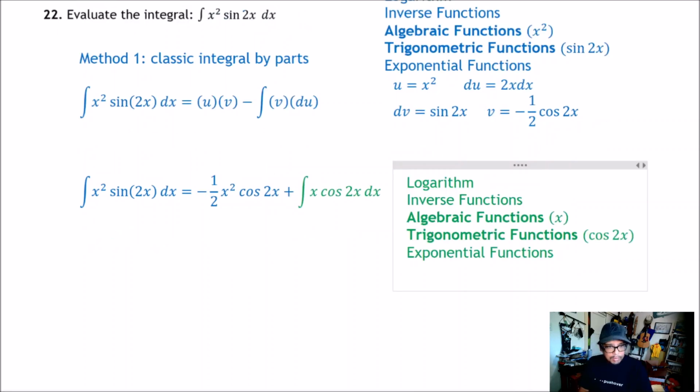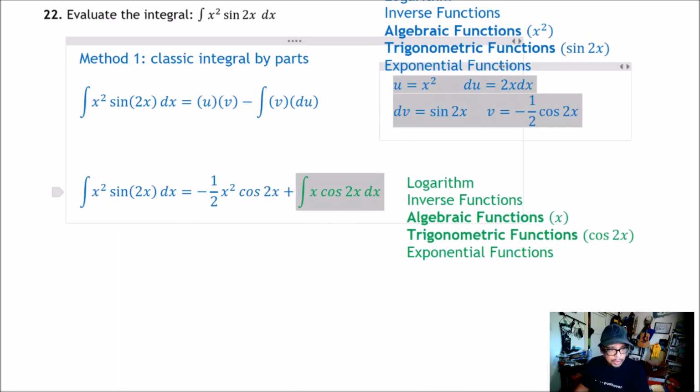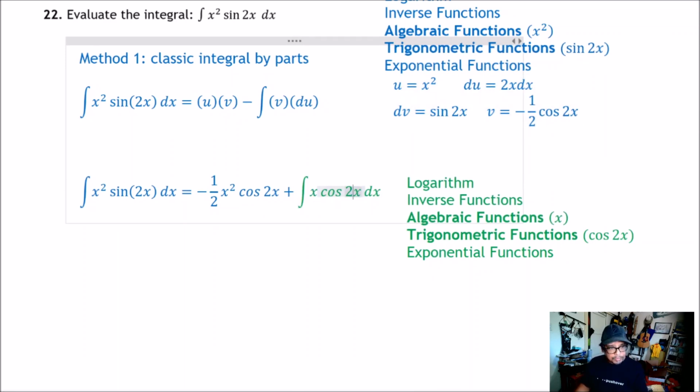This time around, I've got an algebraic function of x right here, and I have my trig function, cosine 2x, right over here. Now we know what those are, we can use LIATE again.